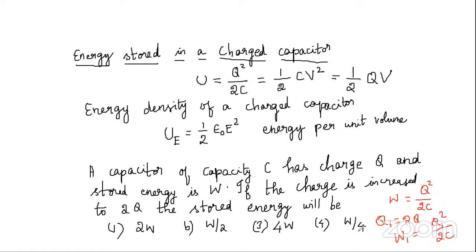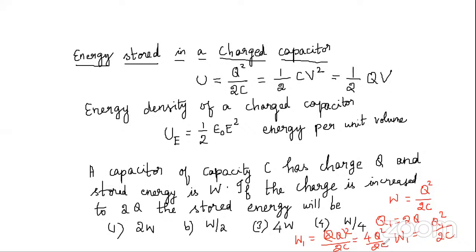This W1 is nothing but the new energy. Q1 means 2Q, so (2Q) whole squared by 2C. That means 4Q squared by 2C.